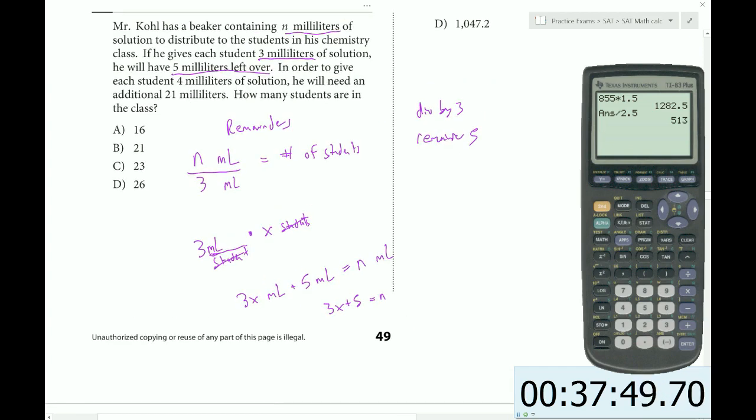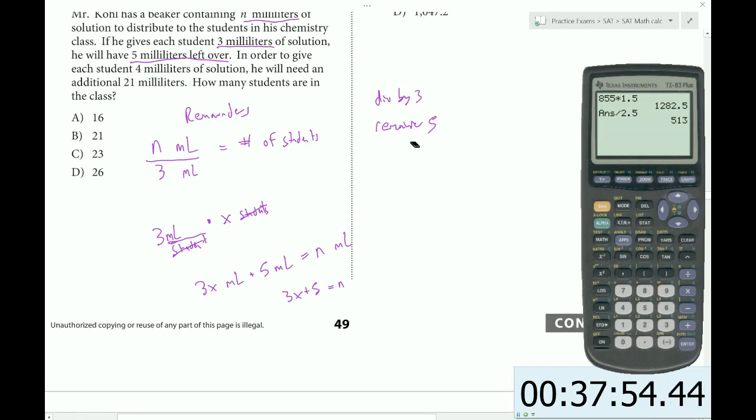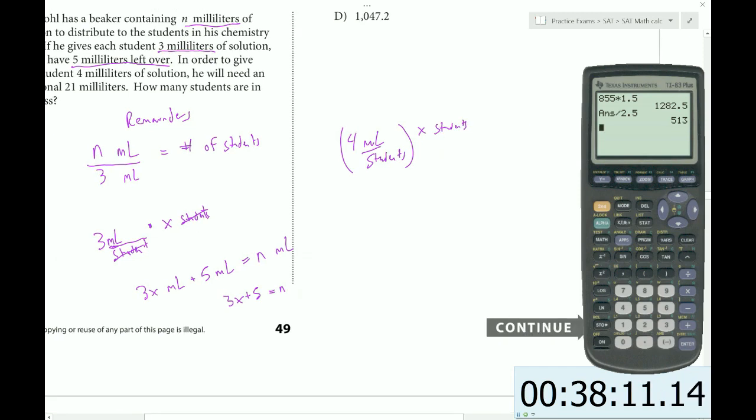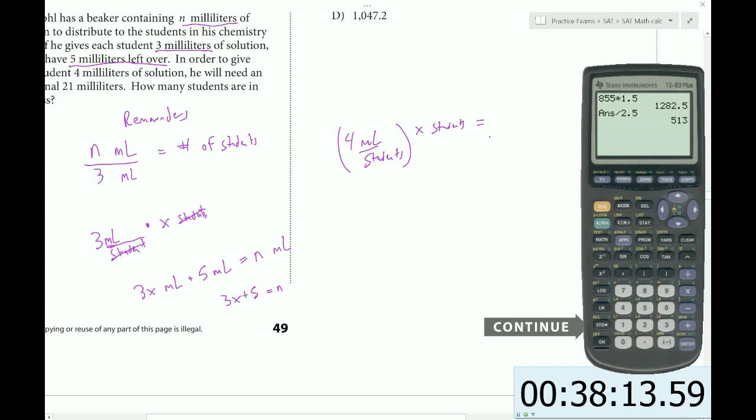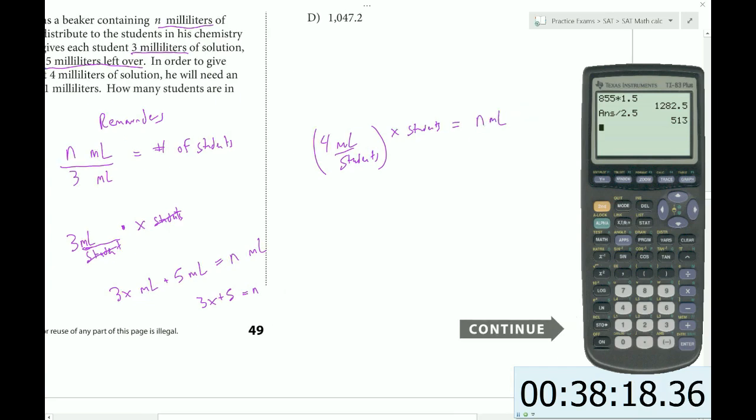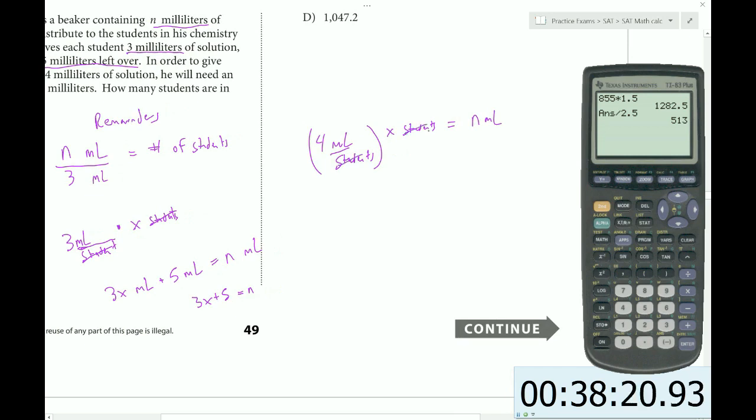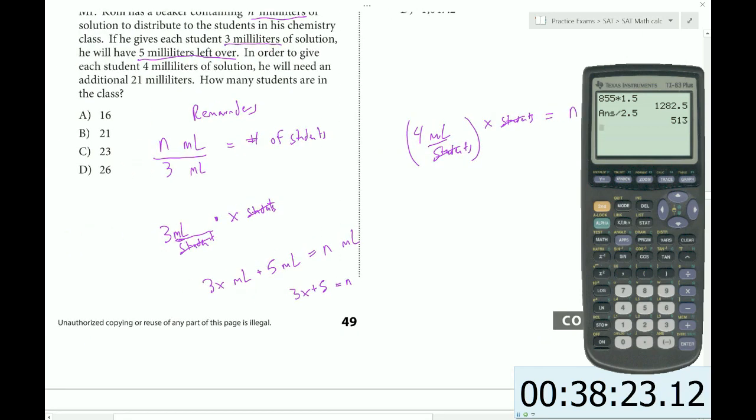In order to give each student 4 milliliters, he would need an additional 21 milliliters. Okay, so we can make another equation out of that. So we can forget about that for a moment. So to do 4 milliliters per student, and again, the units really help out here, for x students, that would equal n milliliters, but we would need to add 21 milliliters.